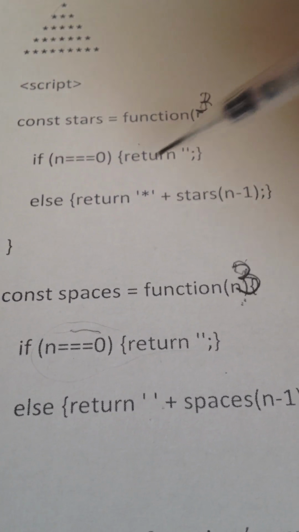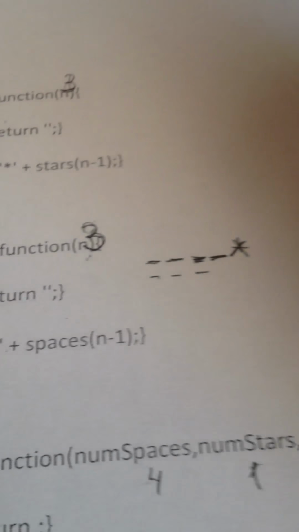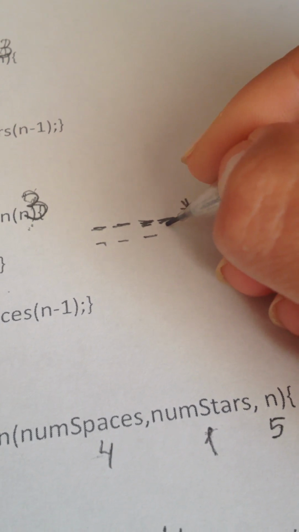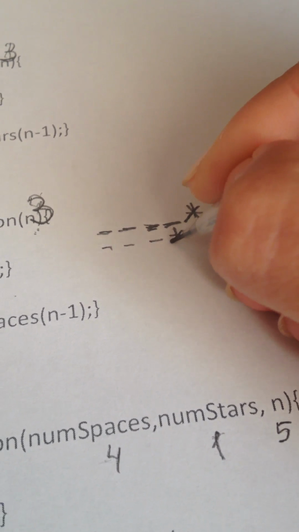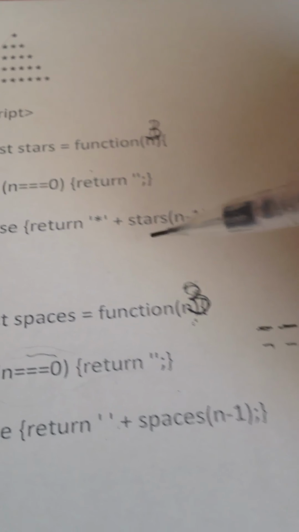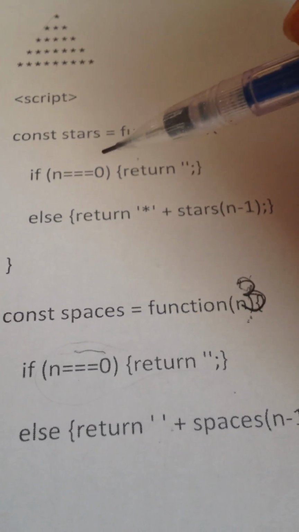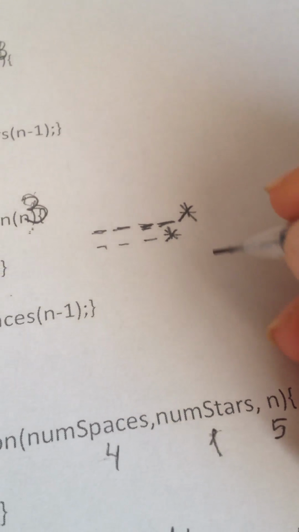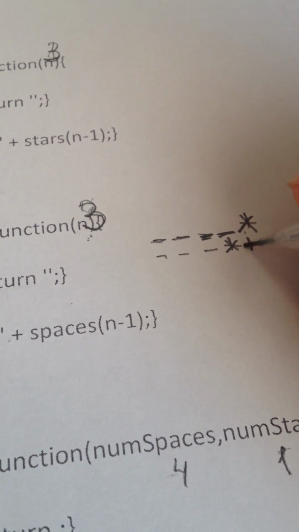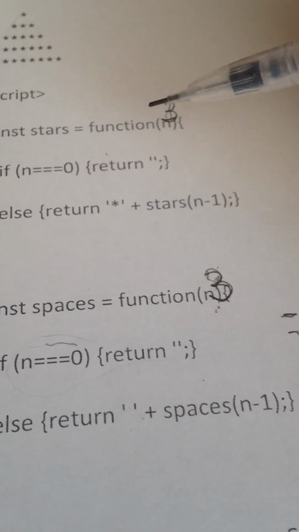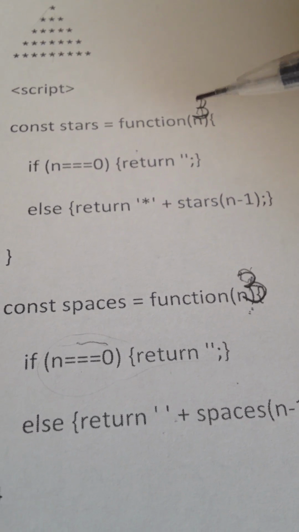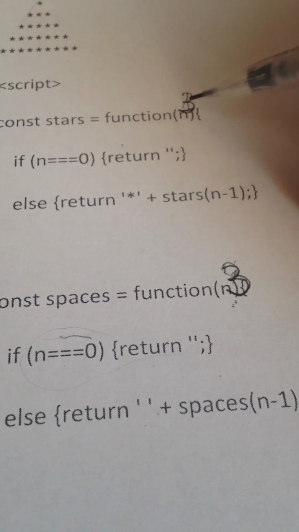So 3 does not equal 0, it is going to return a star over here. Then concatenate it with the stars function with the argument of 2. 2 does not equal 0, it is going to return another star. And going back, it is going to have an argument of 1.